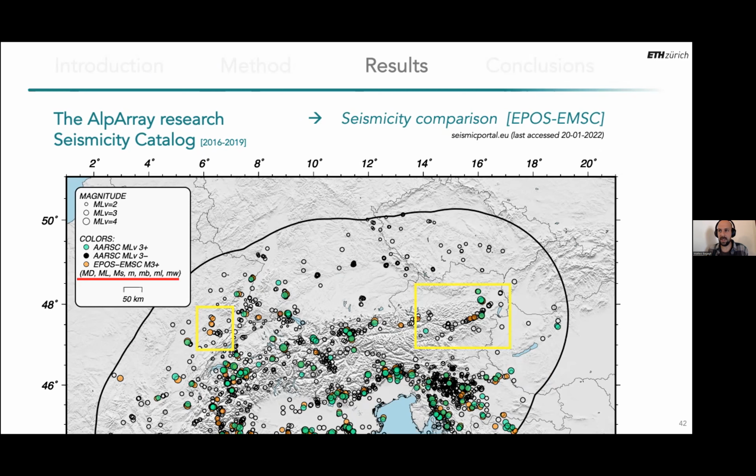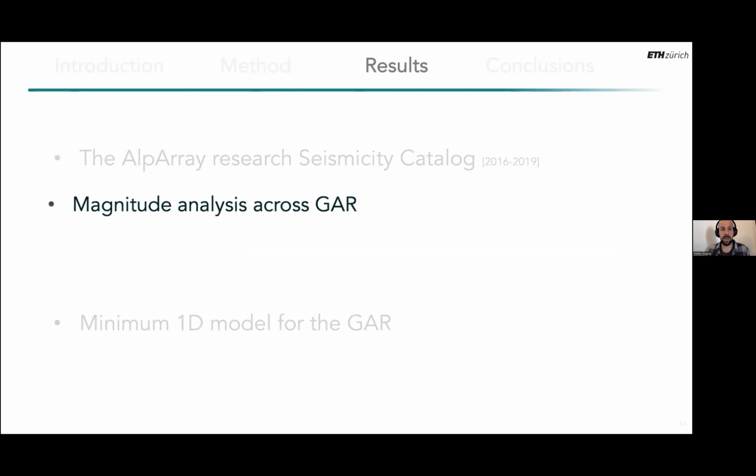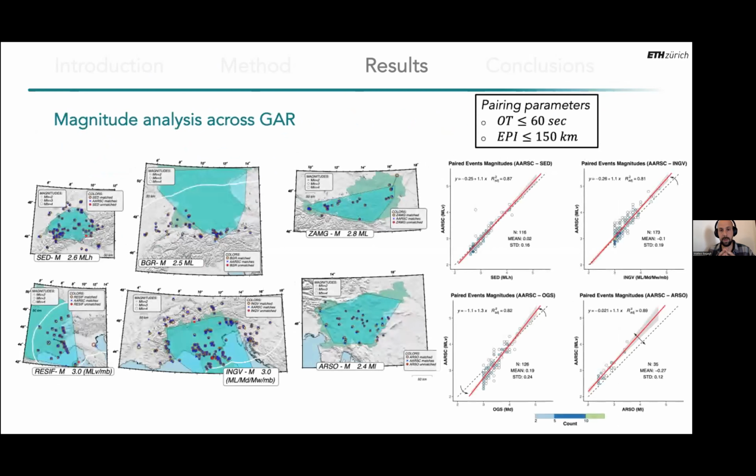And this brings us to another key point and another major achievement of this study. We did create a uniform local magnitude calculation for the entire region.